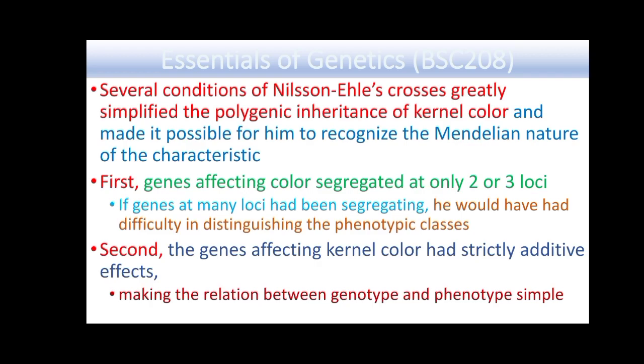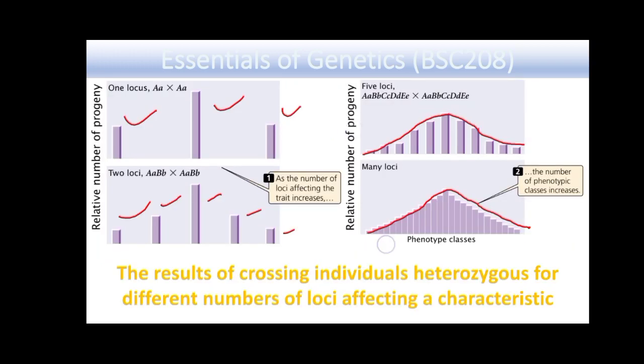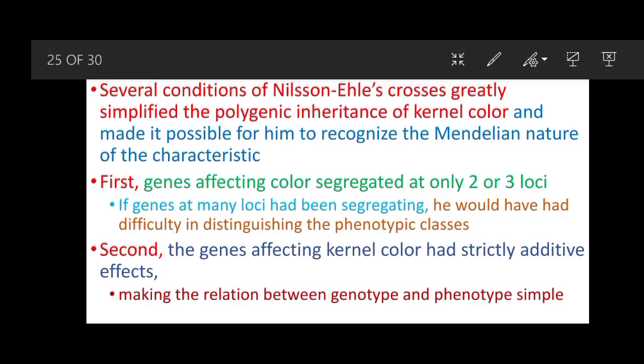So several conditions of Nelson's cross greatly simplified the polygenic inheritance of kernel color in wheat. Polygenic inheritance of kernel color in wheat, studied by Nelson, is an example of a quantitative trait which follows Mendel's rules of heredity.